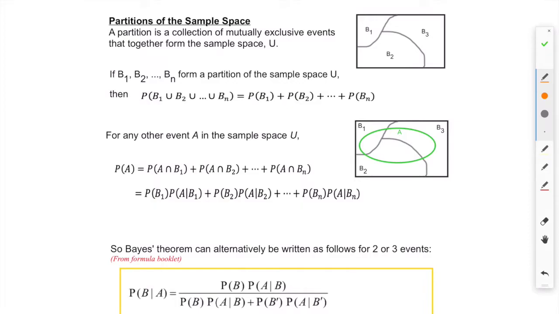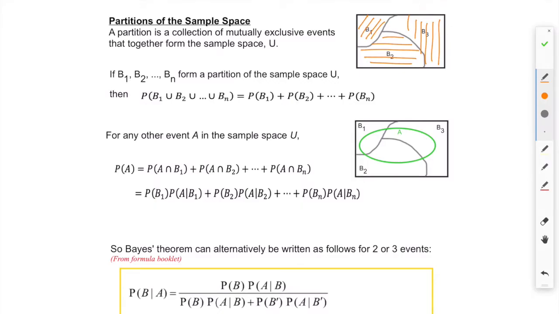If these form a partition of the sample space, then the probability of getting B1 or B2 or B3, so here, here, and here, can be found by simply adding P of B1 plus P of B2 plus dot dot dot plus P of Bn up to n partitions, okay?